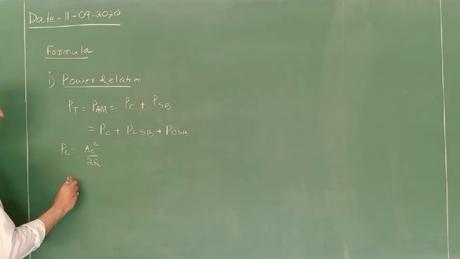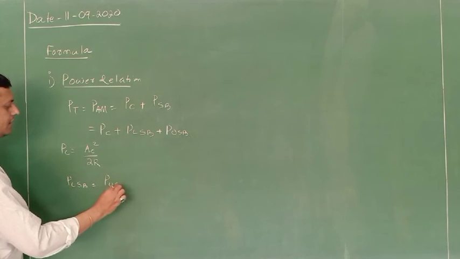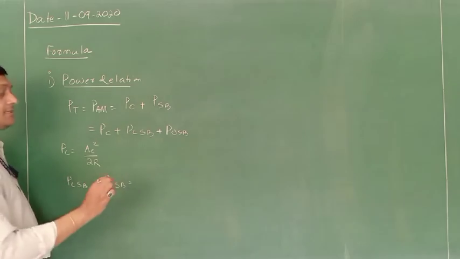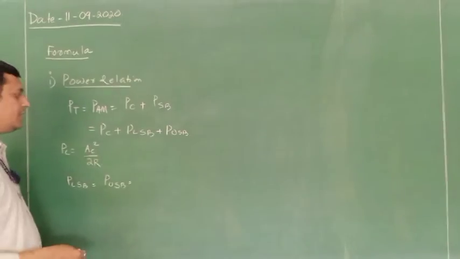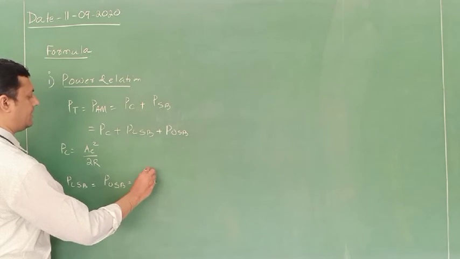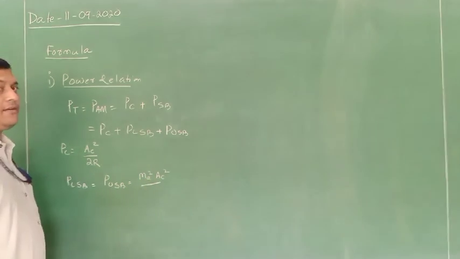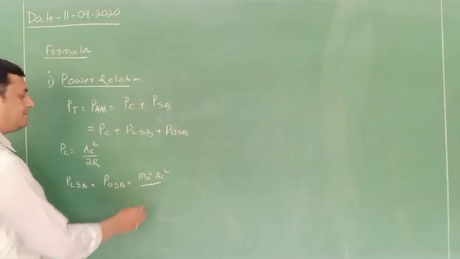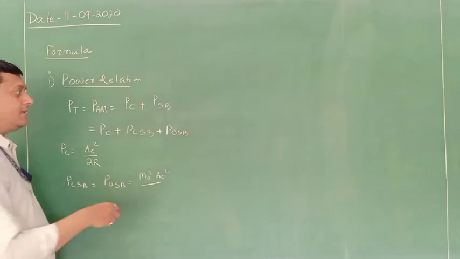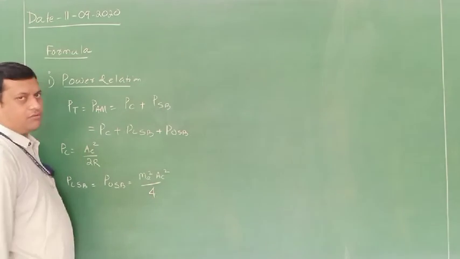Now the sideband power, the upper sideband power, how much have we written? We have written in terms of modulation index, it is Ma square AC square divided by how much? Divided by 4 or 8? It is divided by 8 for each.